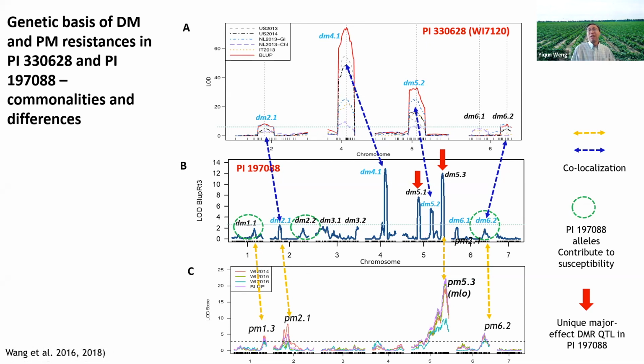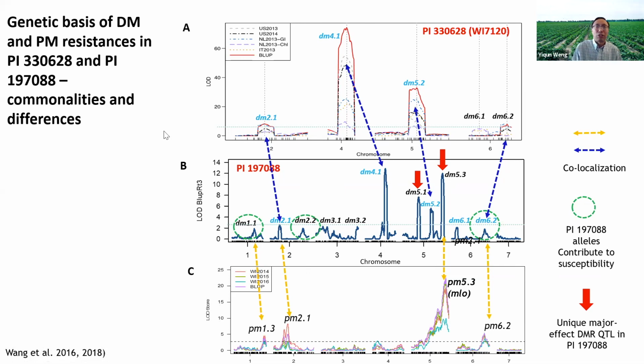That suggests linkage, basically, in this line for both downy mildew and powdery mildew resistance, because DM4.1 and DM5.2 are co-localized, which are in fact major QTLs in both lines.